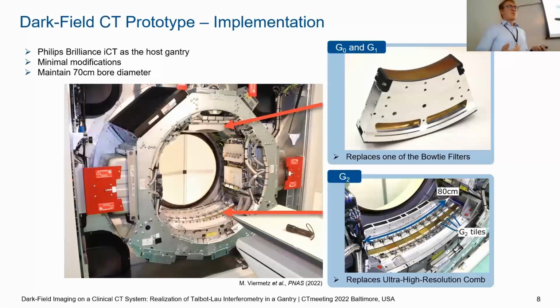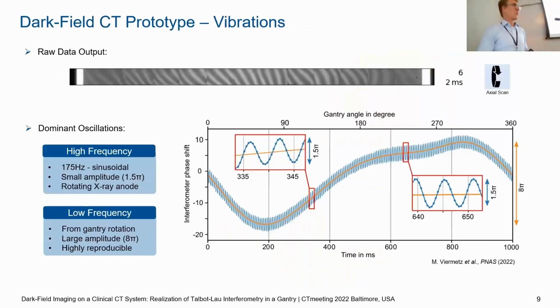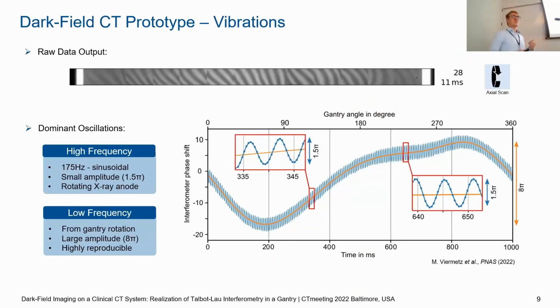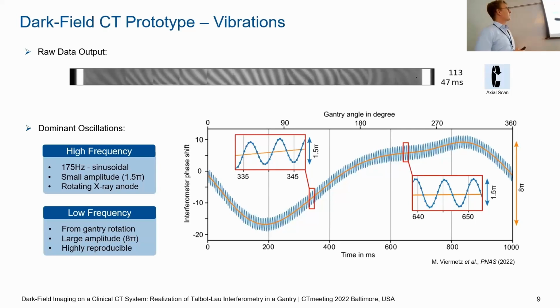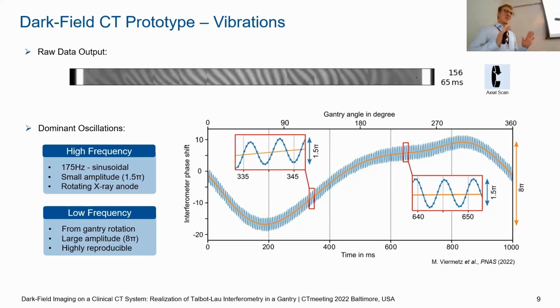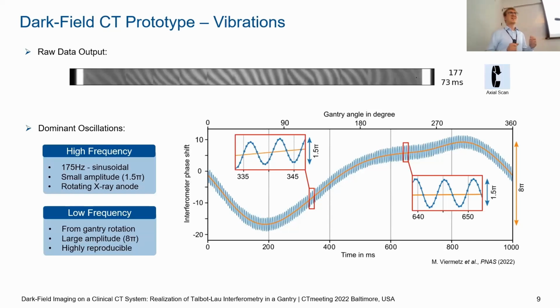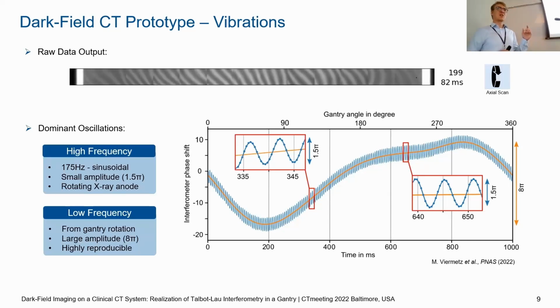So the implementation is rather straightforward, but now clearly the question comes up, how stable is it during rotation? And for this purpose, I brought here some raw data output from a sample-free tomography scan. And there we see that the moire fringe pattern of the system is not actually as stable as it should be, but we see that it oscillates a bit.